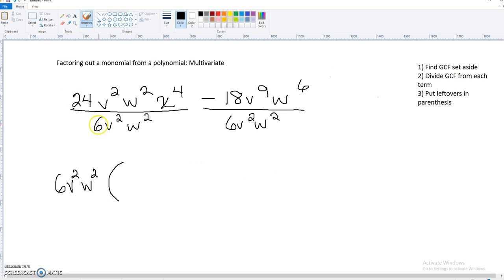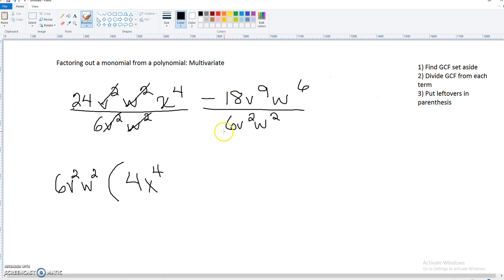So 24 divided by 6 is 4. This V cancels this V. This W cancels this W, because remember 2 minus 2 is 0. So the only thing you have left here is x to the 4th. Now we go to the next term.